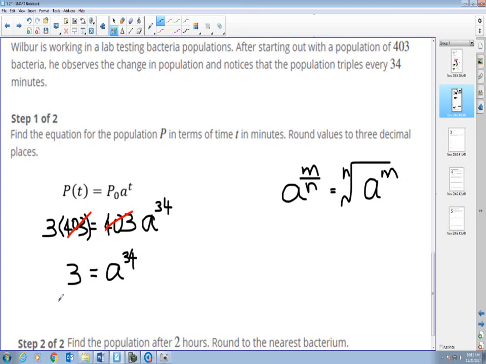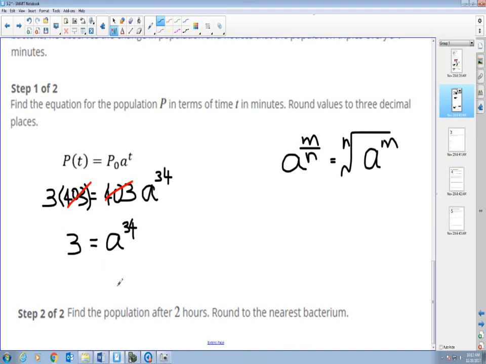So when I take a 34th root on both sides, my base 3 inside the 34th root is to the first power. My root is 34. So instead of taking a 34th root on both sides, I can actually just say this is 3 to the 1 over 34 power. That would be the same thing.